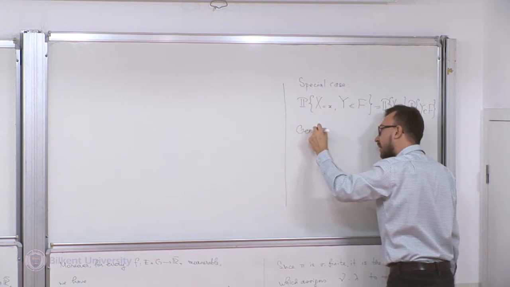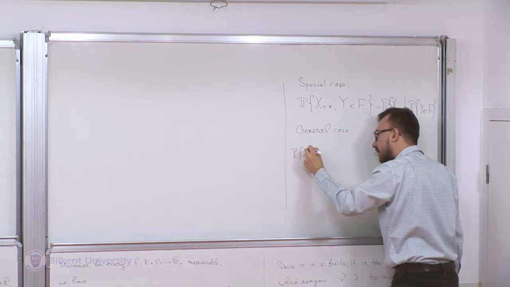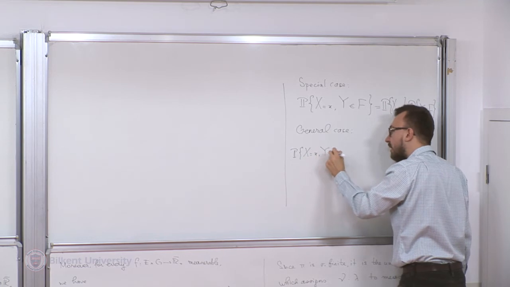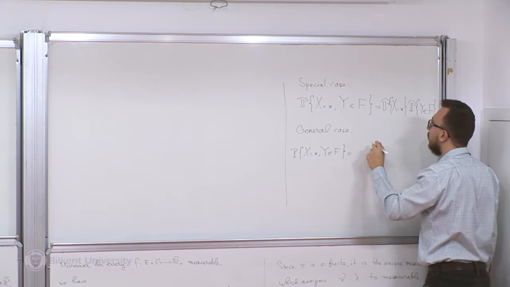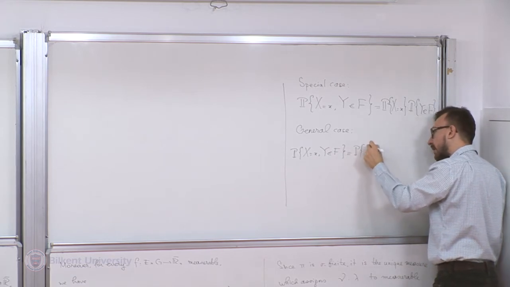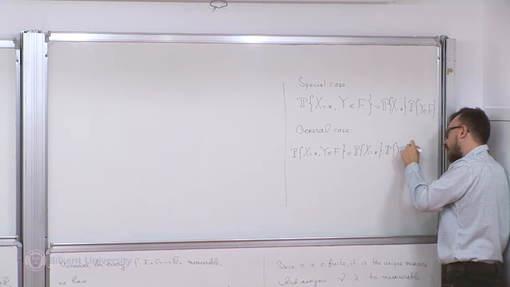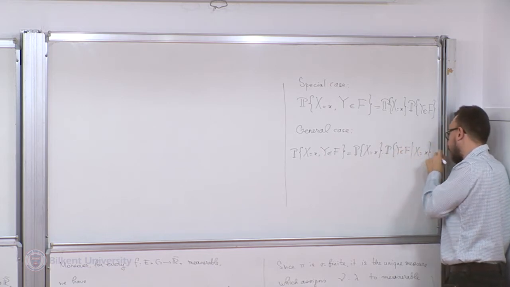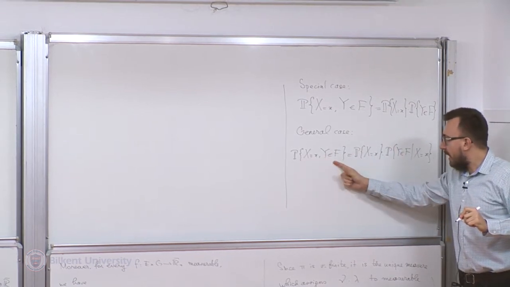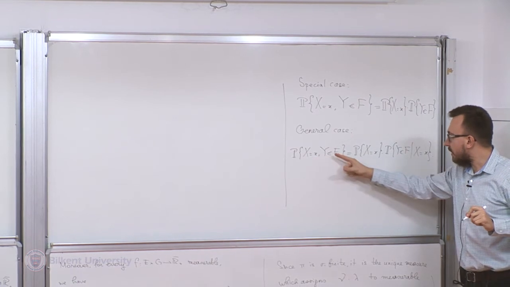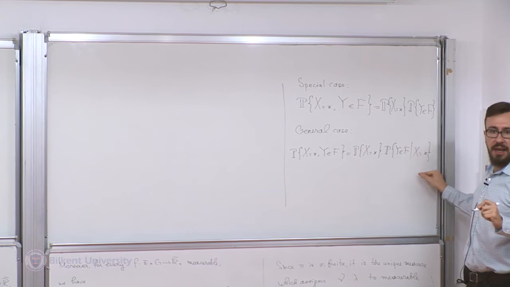The general case should be calculated as the probability that x is in X times the probability that y is in F given X equals x. That is, the probability of A and B is the probability of A intersection B, which is the probability of A times the probability of B given A.